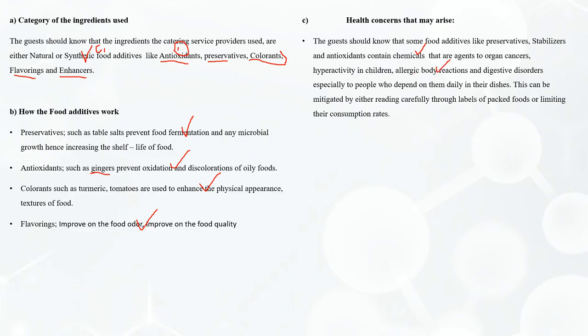These are effects. These chemicals bring about allergic body reactions and digestive disorders. Then finally, we want to see the mitigation. This can be mitigated by either reading carefully through labels of packed foods, or limiting their consumption rate.